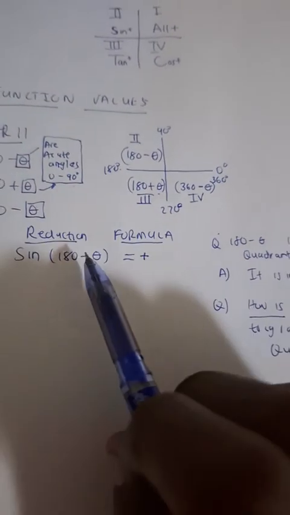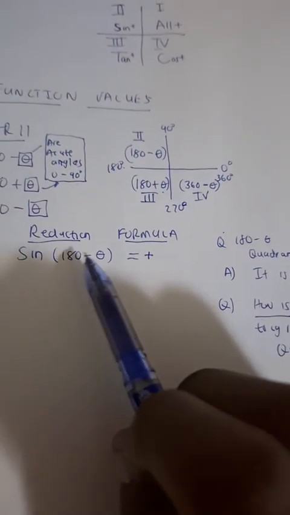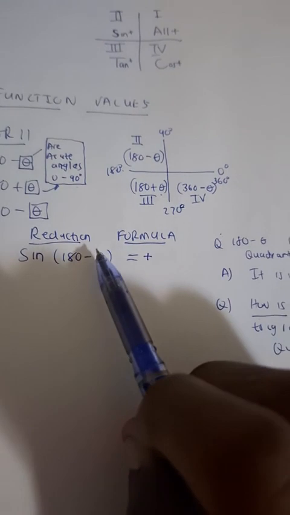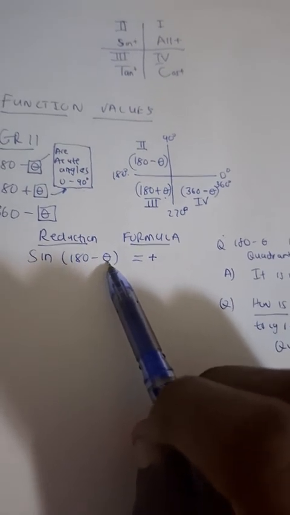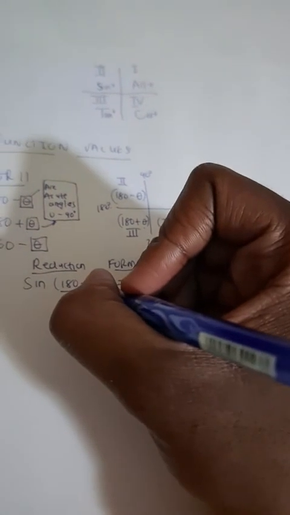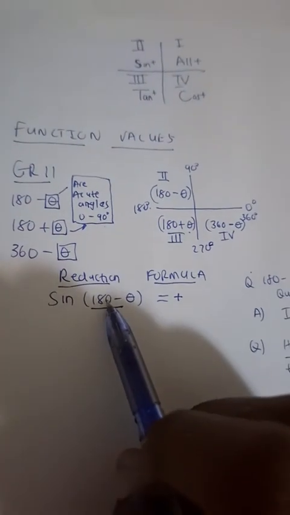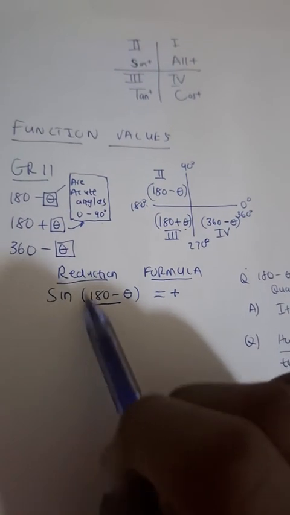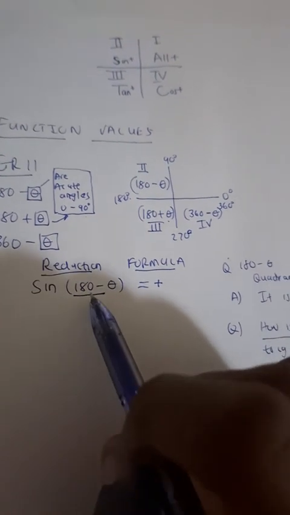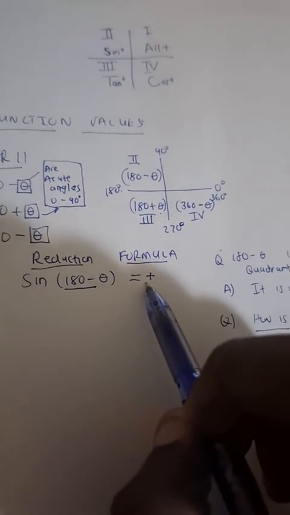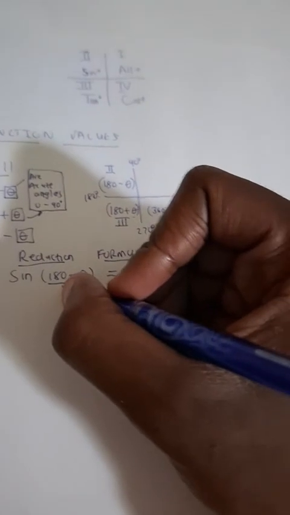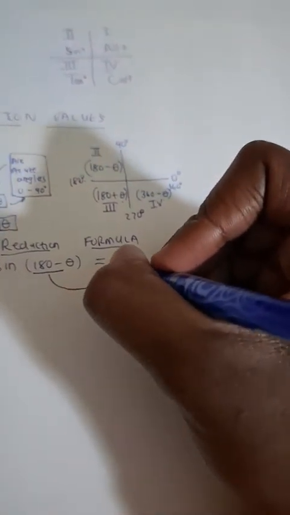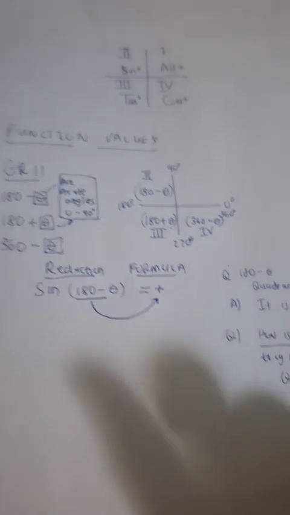But since we have 180 minus theta as part of the reduction, because we have determined the sign of the trig ratio, sine in the second quadrant, which we said is positive, that means this 180 minus has been taken care of.